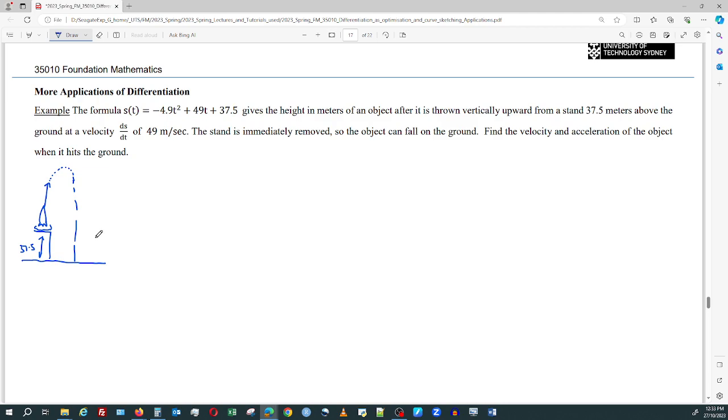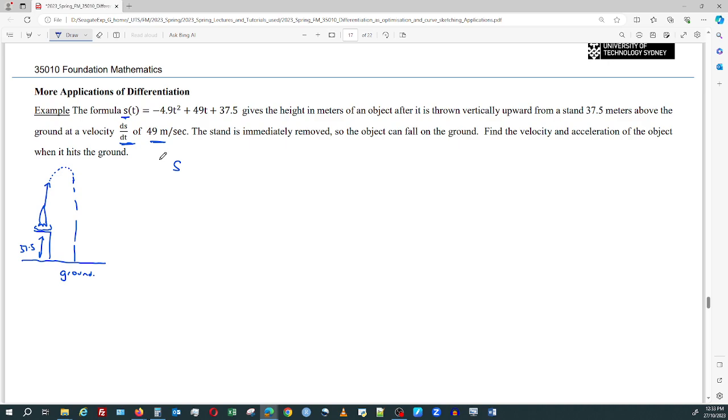Okay, so we've got a height of 37.5. That's the ground. We've got our formula. Now, these are displacement, and notice the displacement has been given a value, so we need to take that into account.